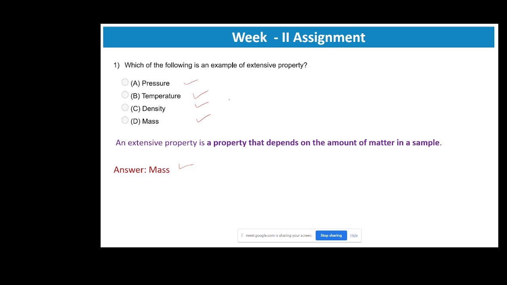Density, pressure and temperature are constant terms. They do not depend on whether you have taken 5 grams or 10 grams of material. The pressure exerted in the system, the temperature, or the density of that material will be independent of the mass. So here the correct answer is mass.